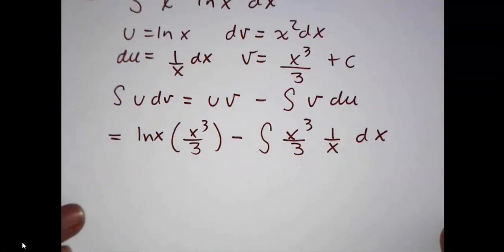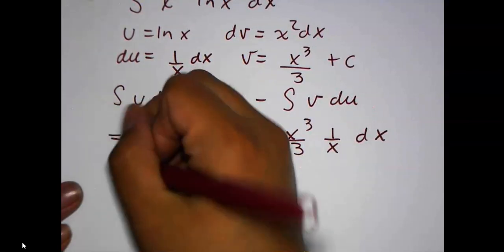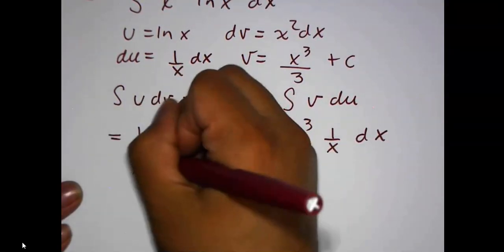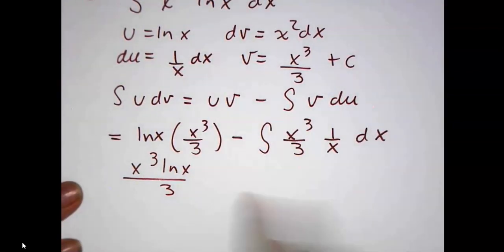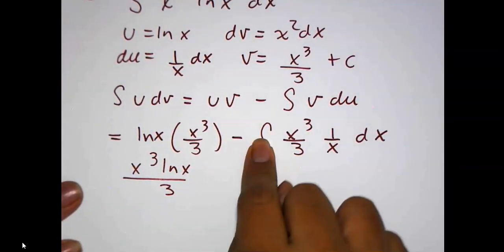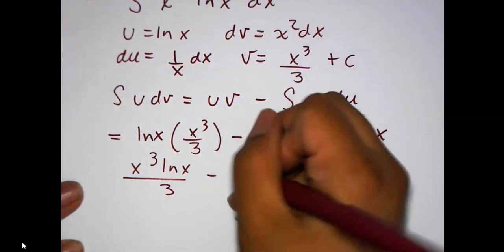Okay, let's simplify. I like to move this to the front, so I get x cubed natural log of x all over 3.